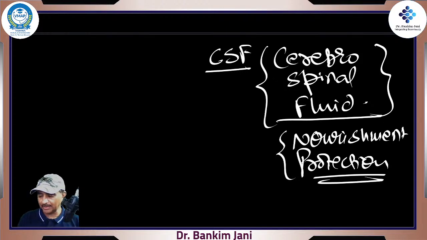So today our entire attempt will be, along with the complete CSF journey, to also talk about those important areas, and everything would be graphical so that it becomes extremely easy to understand.